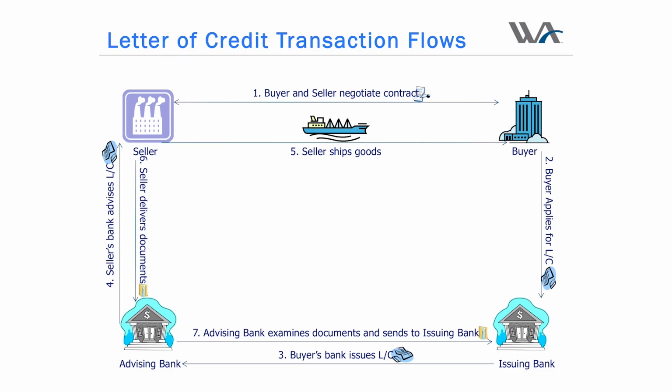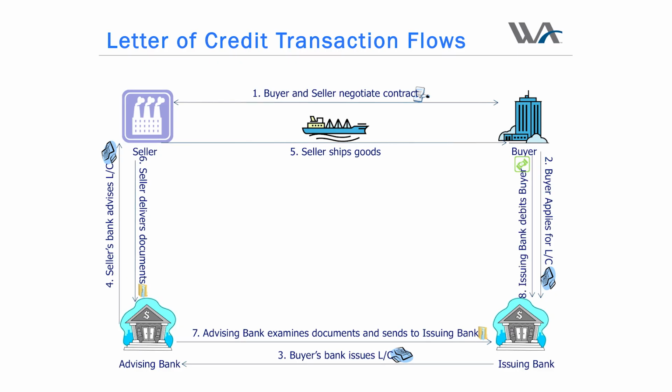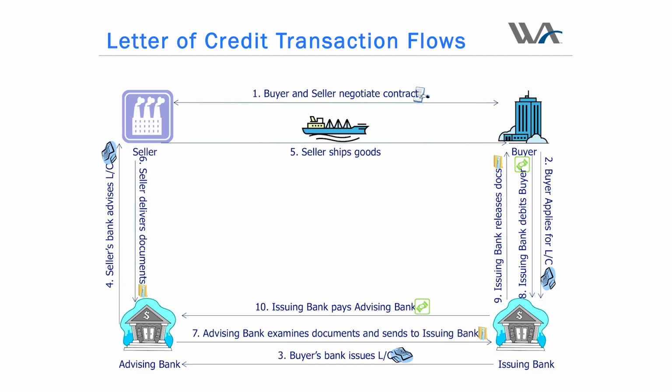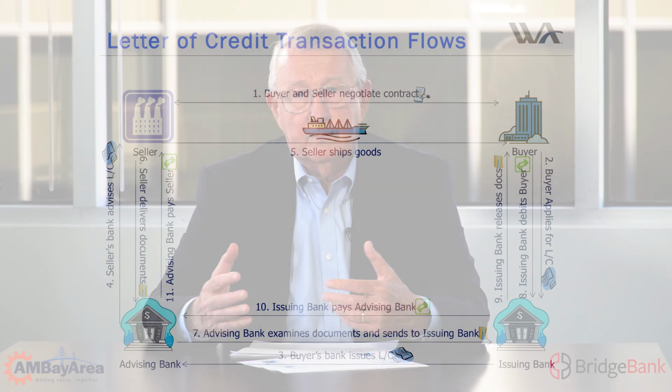And if they are in conformity, they simply either debit the account of the buyer or have them agree to payment at a future date, and they will then transfer the funds back to the advising bank, who in turn will pay you. So if you follow that animated slide through, you see the step-by-step as to how a letter of credit transaction takes place.